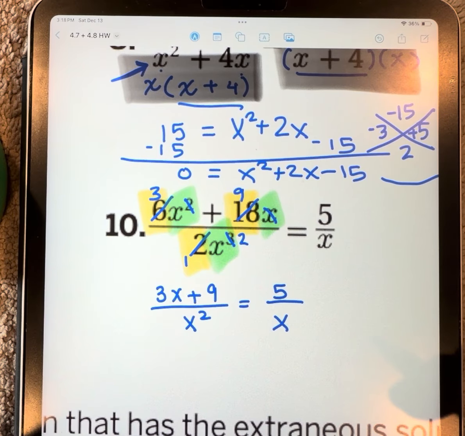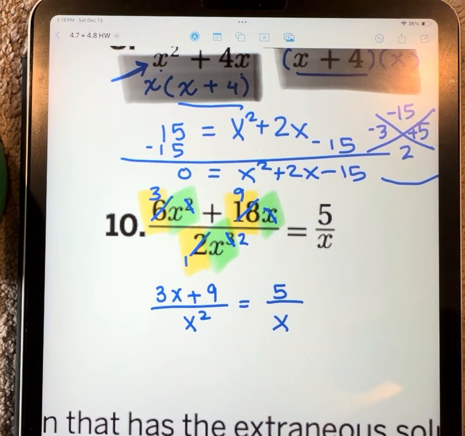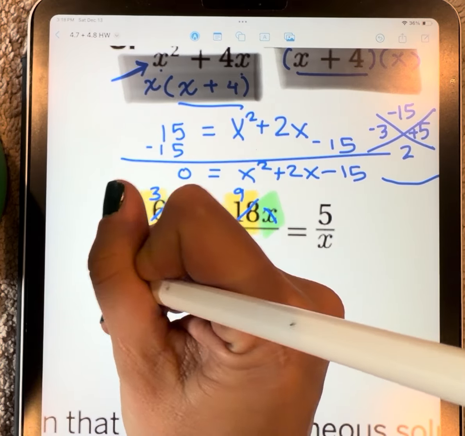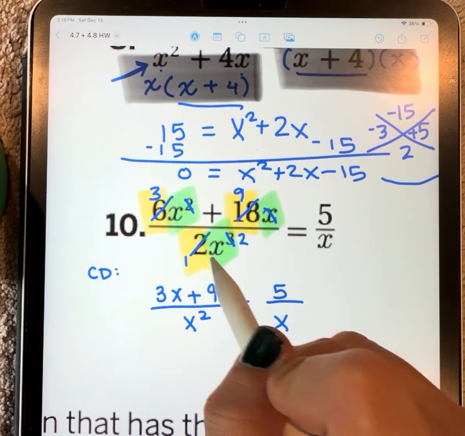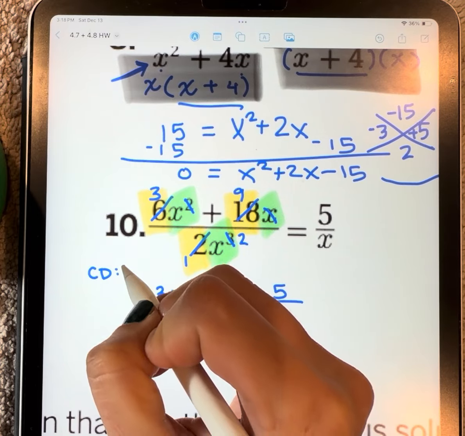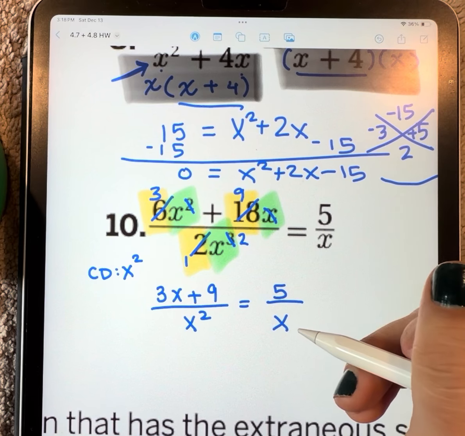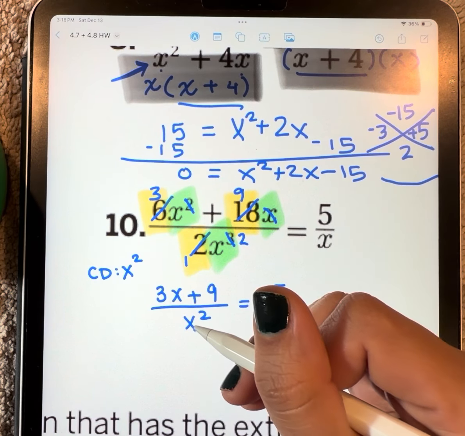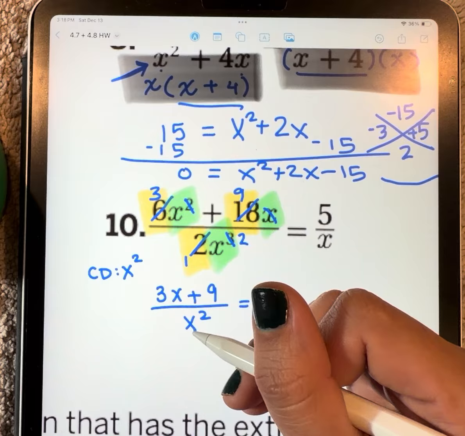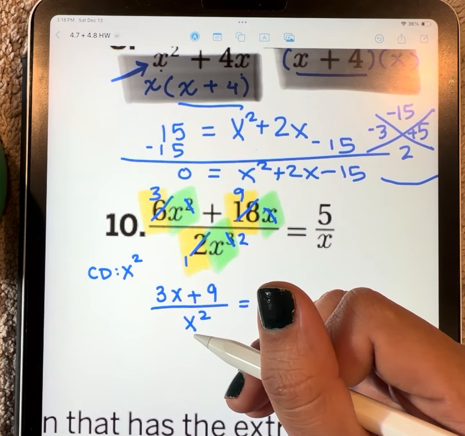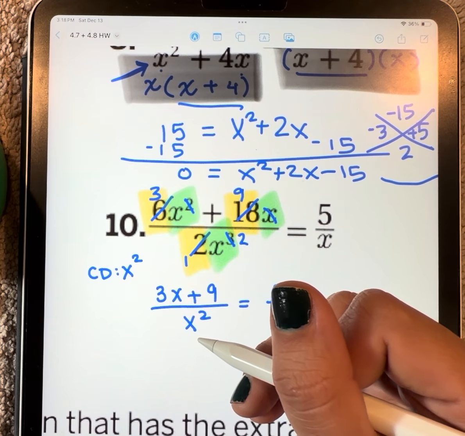Okay. So now my common denominator is just simpler than it was. Now the common denominator is x squared. So let me go over this with you for a second. This guy has an x. This guy has 2 x's. And remember, everybody wants to bring what they want on the road trip.